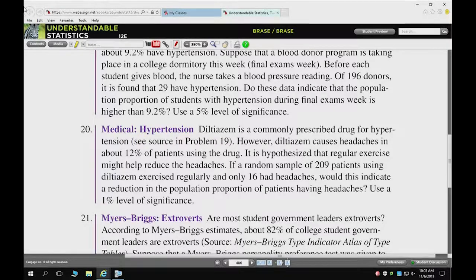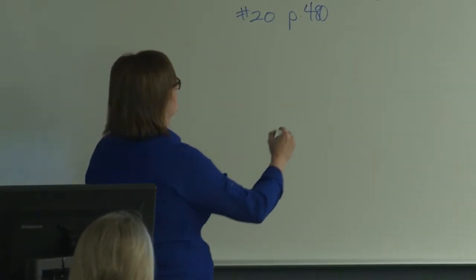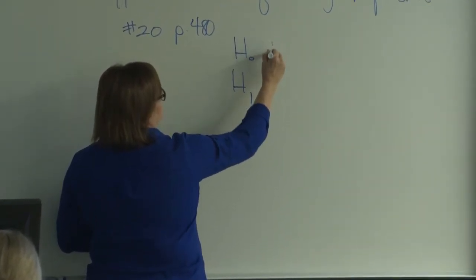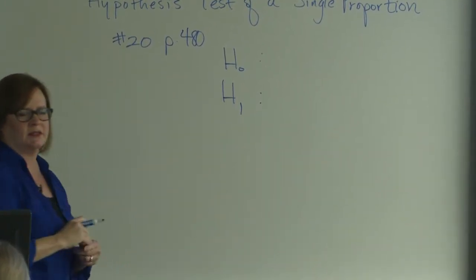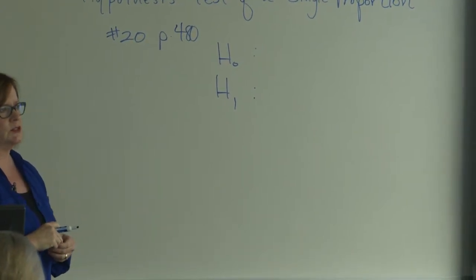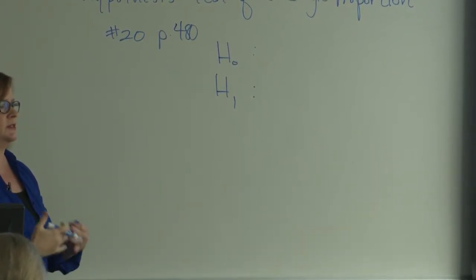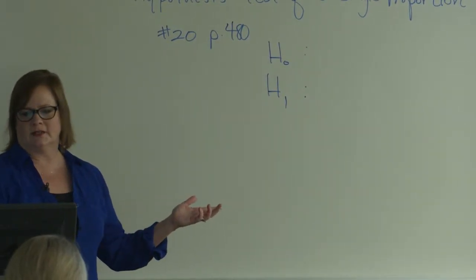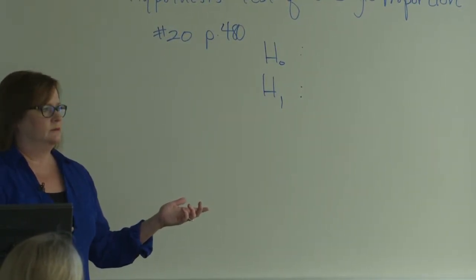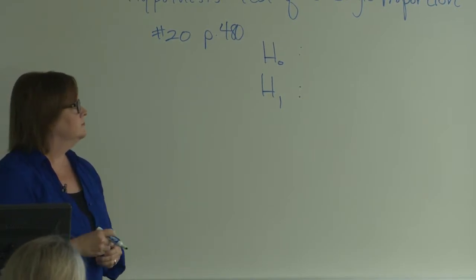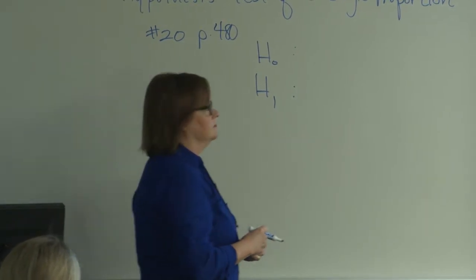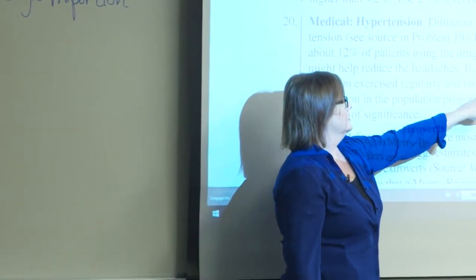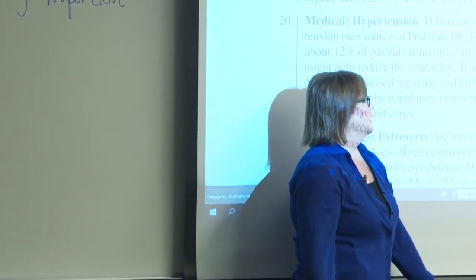Okay, so when we start these out, we are starting with the null and alternative. And they're different than the first two types of tests that you did because it's not mu. Right? It's just the population proportion of successes. So what's a success here? 16 had headaches.